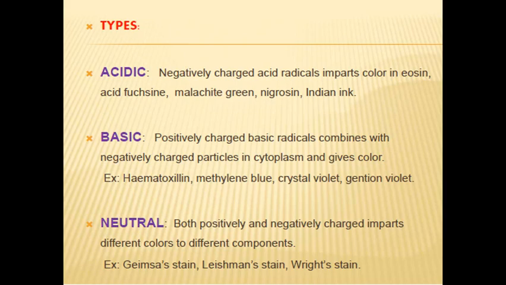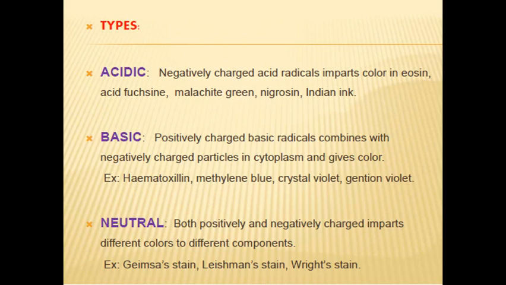For example, eosin, acid fuchsin, malachite green, nigrosin, Indian ink. These are examples of acidic stains. Whenever we utilize an acidic stain, it imparts color to the positive region of the cell or positive region of the organelles.